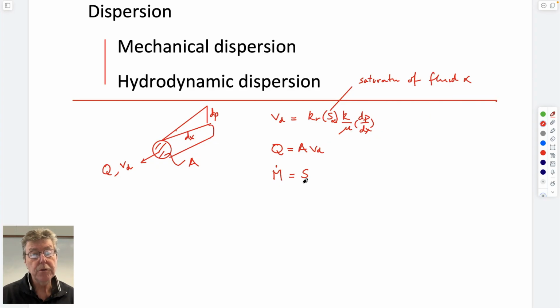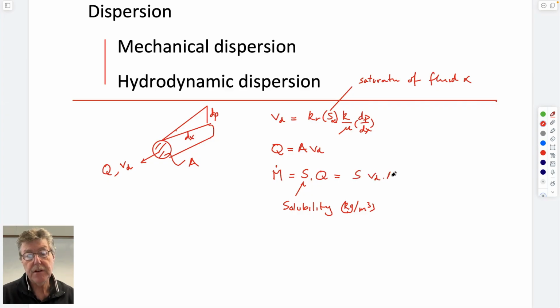This is solubility. It would be units of mass per unit volume. And if you multiply that by a volumetric flow rate, you end up with a mass flux. Or this would be the same as solubility times Darcy velocity times area. And so I think you've used this already, right?